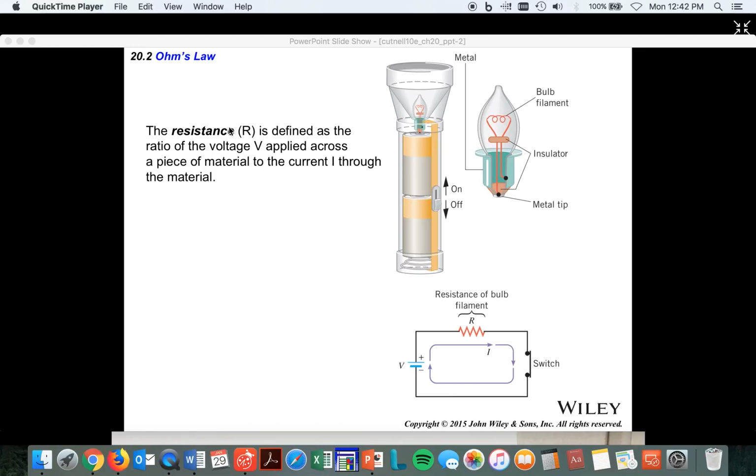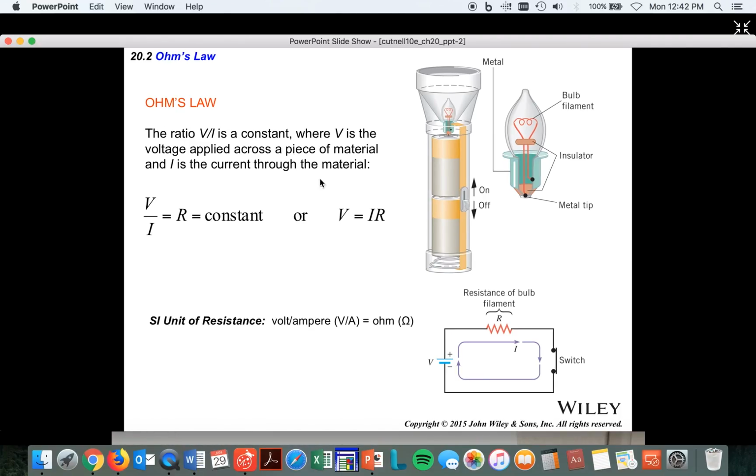So we take the ratio of V divided by I. Okay, and that's Ohm's law. Okay, so V over I is equal to R, which is a constant. In other words, I want you to always remember this.